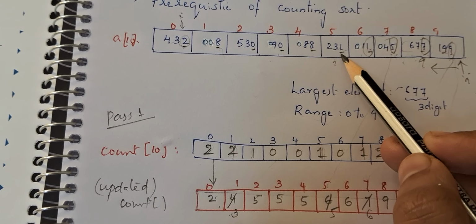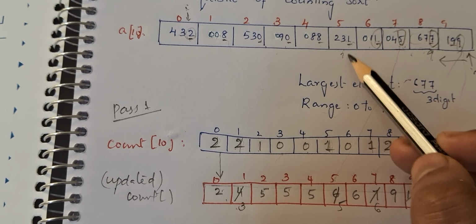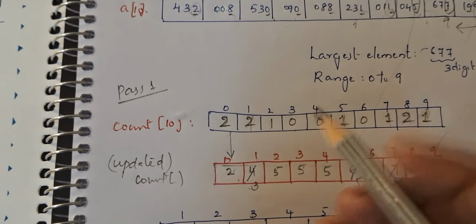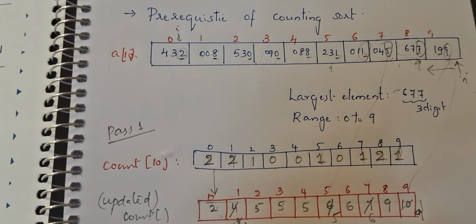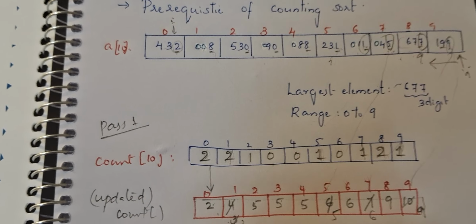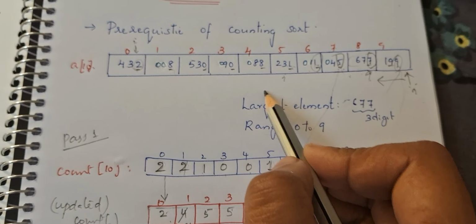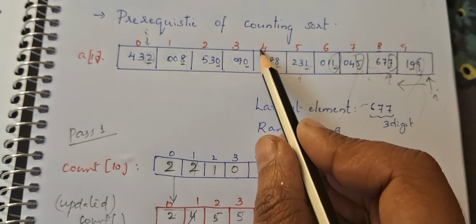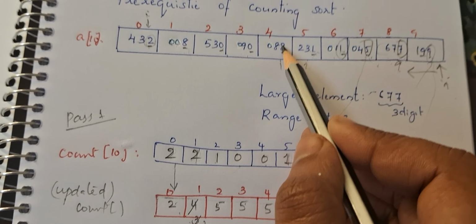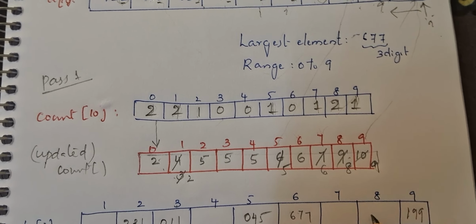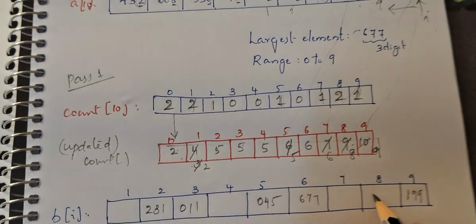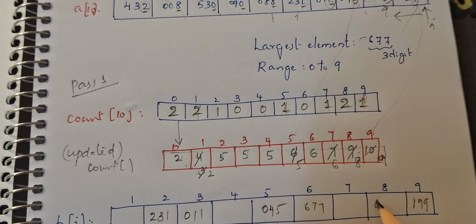Then I is equal to 5, a of 5 equal to 1, go to index 1, decrement the value by 1, then store the value a of I here, that is 231. Now I is equal to 4, a of 4 equal to 8, go to index 8 of the count array, decrement the value by 1, go to the corresponding index of the final array and store the result here.